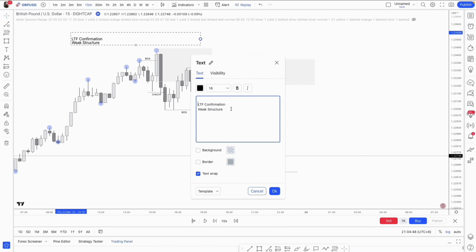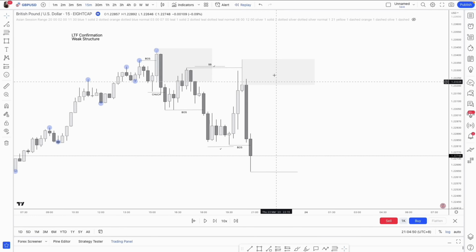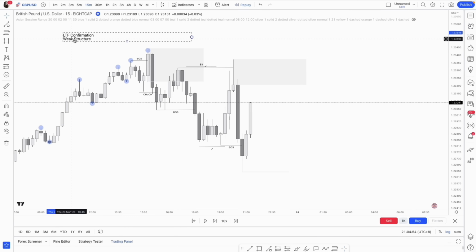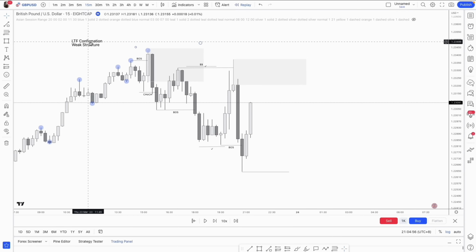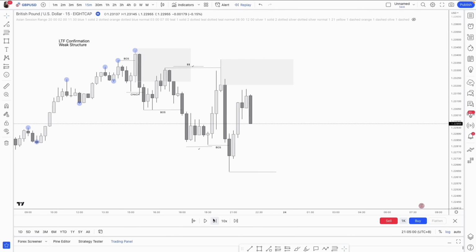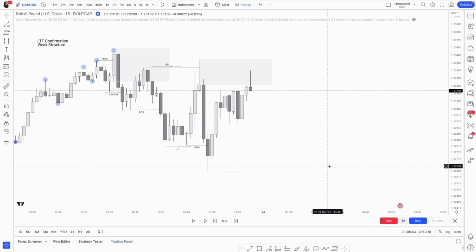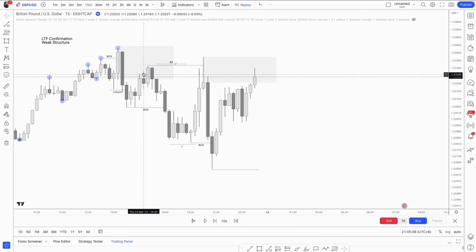Now what we need is for price to return back into this area so we can look at number 5, lower time frame confirmation. So just as we explained when we were looking at market structure in a fractal nature, we can see that the 15-minute time frame is bearish.